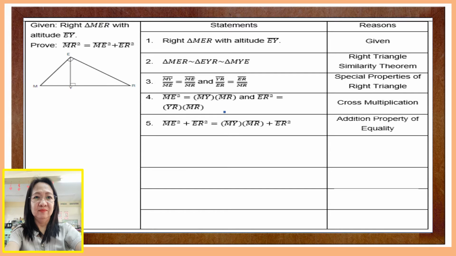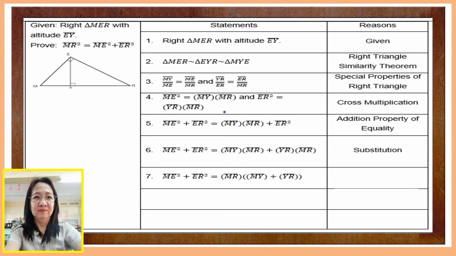If we're going to apply the addition property of equality, let us add on both sides the ER squared. And then, we can substitute the square of ER as the same as YR times MR using statement number 4. And then observe that MR is common on the right side.